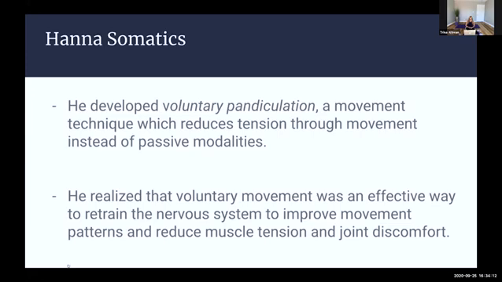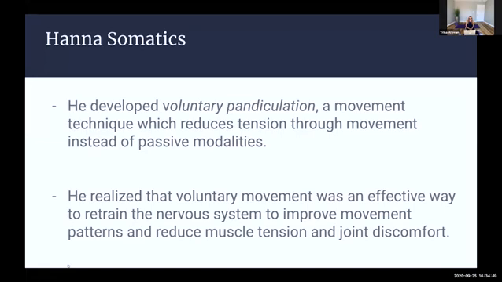And what I love about somatics is that it's more active, meaning the student does it themselves as opposed to something being done to them. But it's also relaxing, because a lot of times we think of this polarity of, you're either getting a massage, or you're doing a workout, and one is passive and one is active. So this idea of something being active and voluntary, you're doing it yourself, you are moving, but it's still relaxing, I find to be pretty profound.